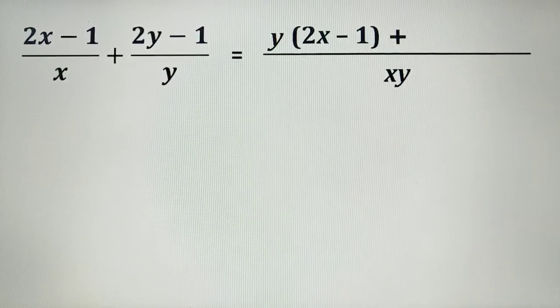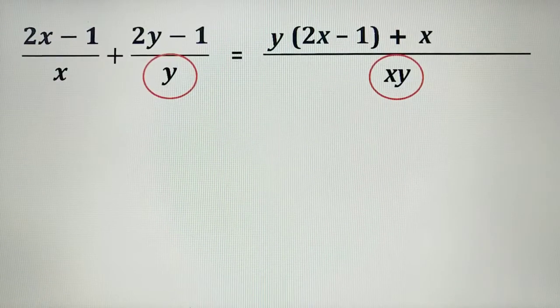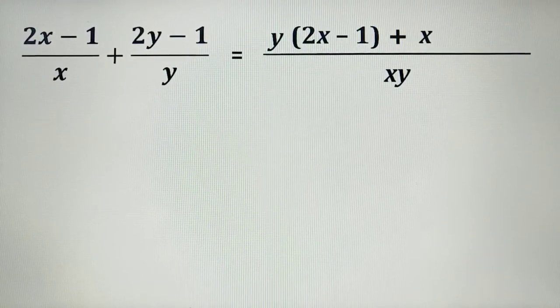Then copy the operation, plus, repeat the process, xy divided by the denominator y. The answer is x, because we can cross out y. Then we will multiply x to the numerator 2y minus 1.